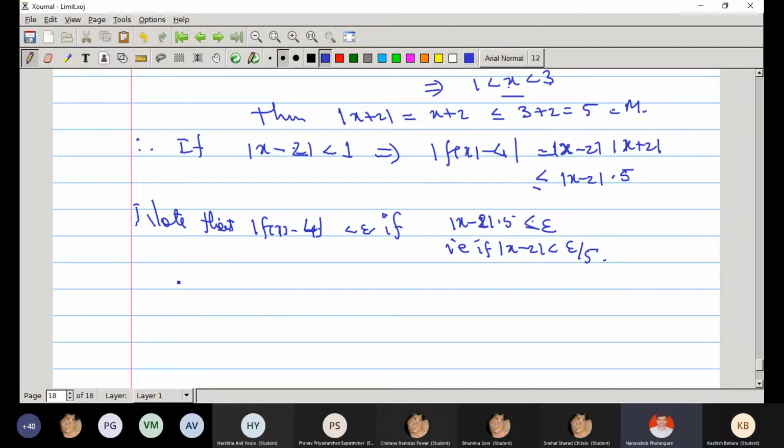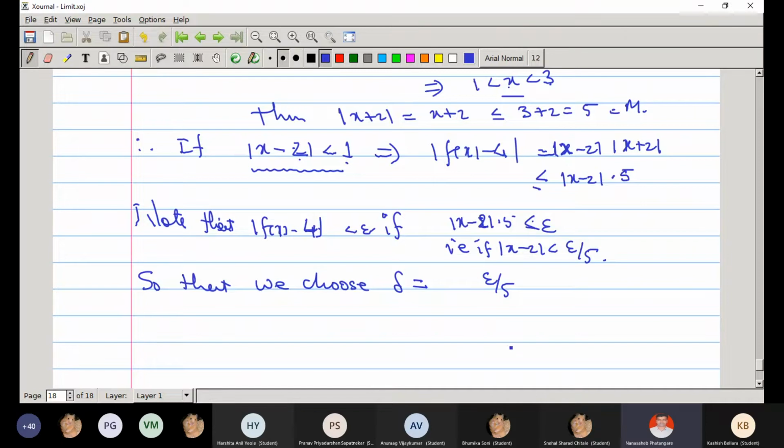Yes, sir. And now what should be delta? What delta should I select? Epsilon by 5. Epsilon by 5 is fine, but this is with respect to some more additional condition. I have a restriction on x, that the distance of x from 2 is less than 1.